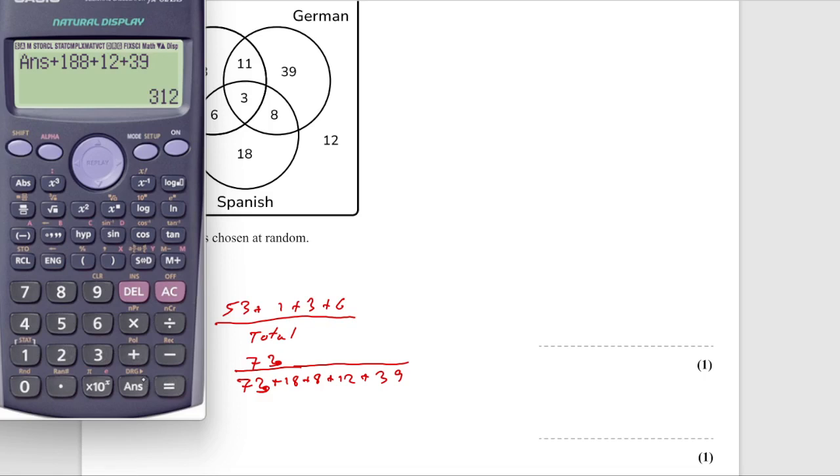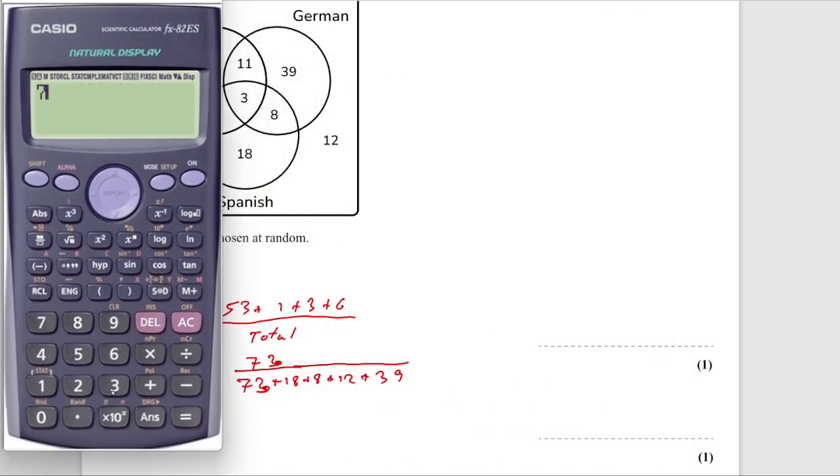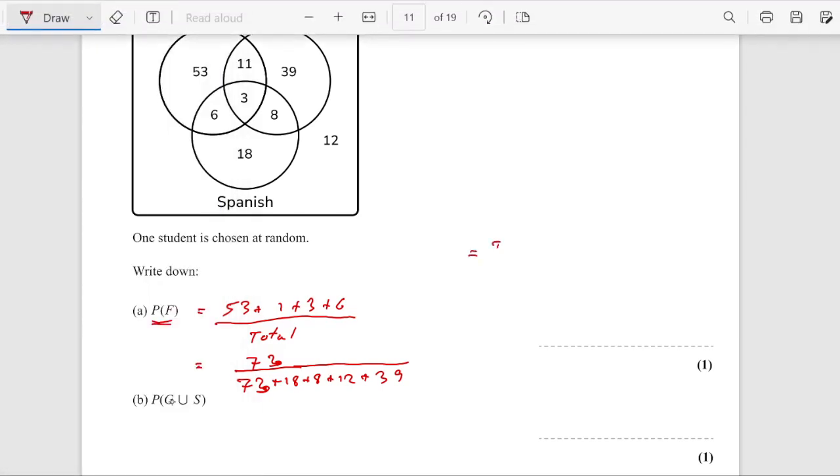It doesn't sound right. Let's try that again. Did I catch them all? 70, 18, 8, 39, 12. That should be right. Let's try it again. 33 plus 18 plus 8 plus 39 plus 12. So I've added them in slightly differently. There we go. That sounds better. So we're looking at 73 out of 150.